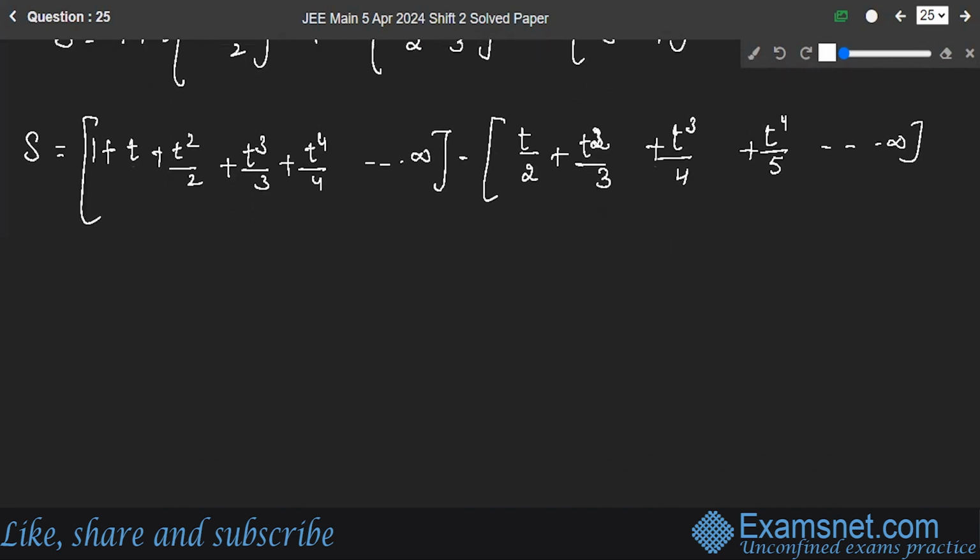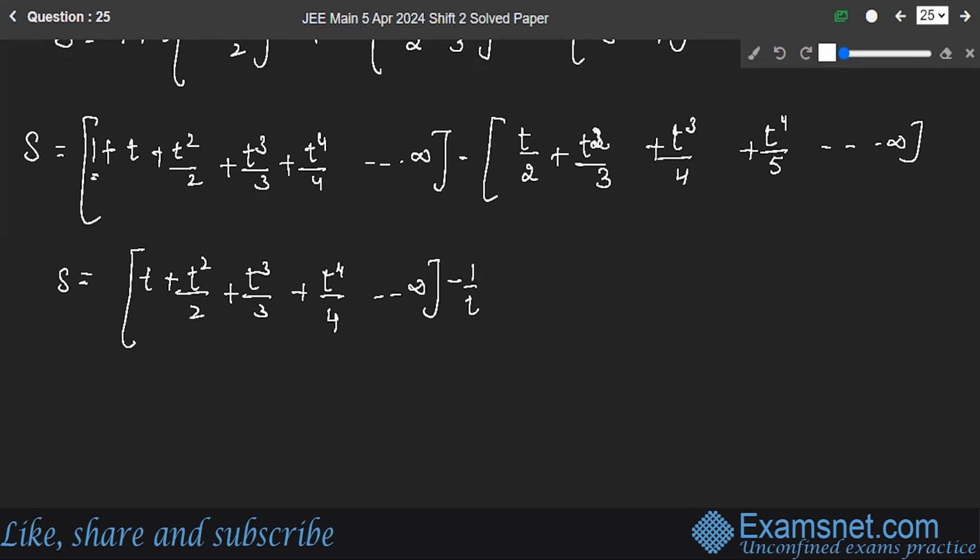So now S will be equal to, I'll do one thing. For the time being I'm keeping this one aside. So t plus t square by 2, t cube by 3, t power 4 by 4, right? And I will take 1 by t outside. I'm just explaining. So I have introduced a minus 1 over here; for that, I'll be adding a 1.